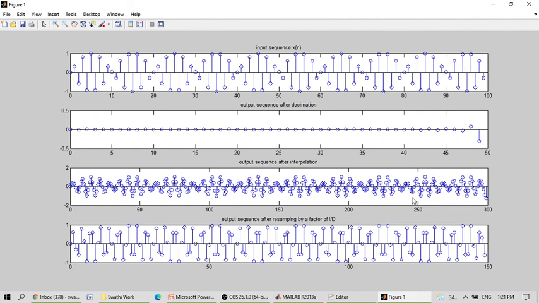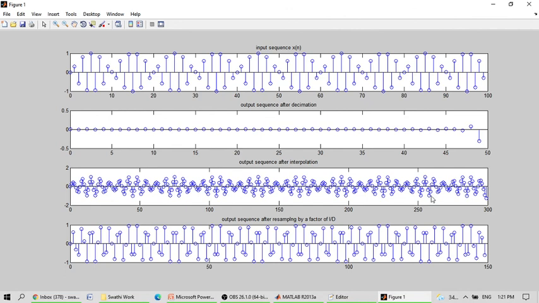For interpolation, by what factor have I increased the number of samples? By a factor of 3. Previously the actual signal consists of 100 samples. If I am increasing by a factor of 3, then 100 into 3, nothing but 300 samples, I am going to get after interpolation, after upsampling. If you want to resample by a factor of I by D: what is I?